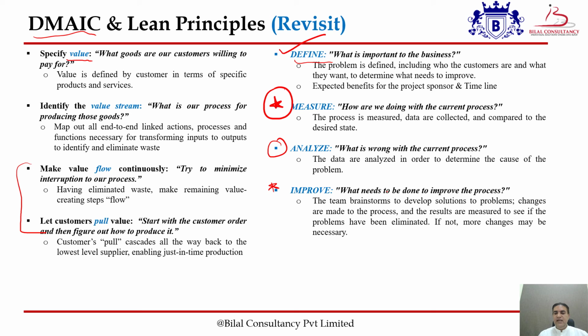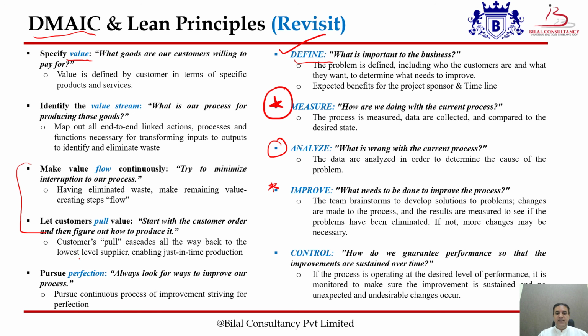Like in design of experiments, we said that in order to get the optimum response, the critical to quality or the KPI, we try to identify the optimum setting of the factors or the root causes. The same thing in flow and pull: we try to identify the wastages and remove them. However, our flow is going to be smooth, and we should produce as per customer demand. The last phase in terms of lean is perfection.